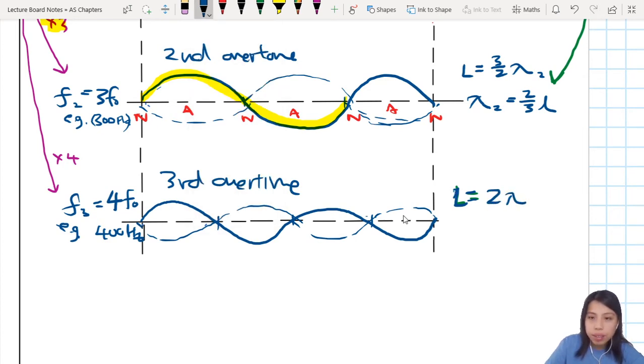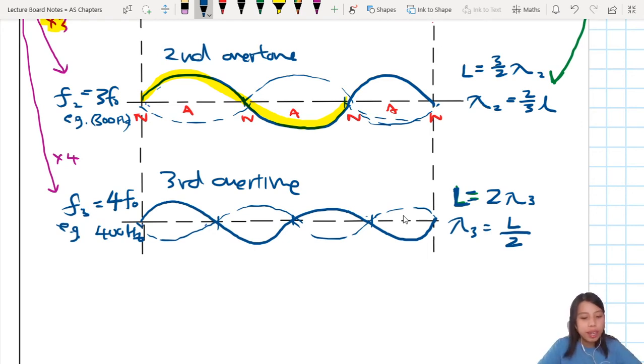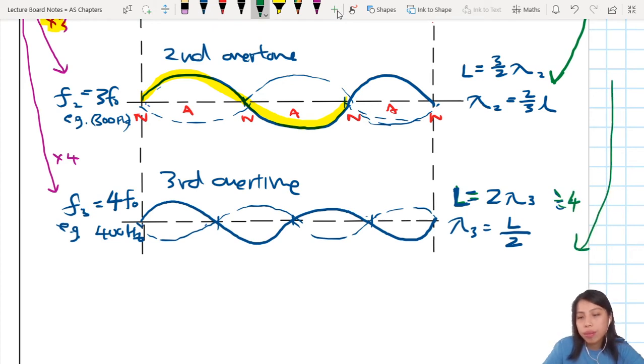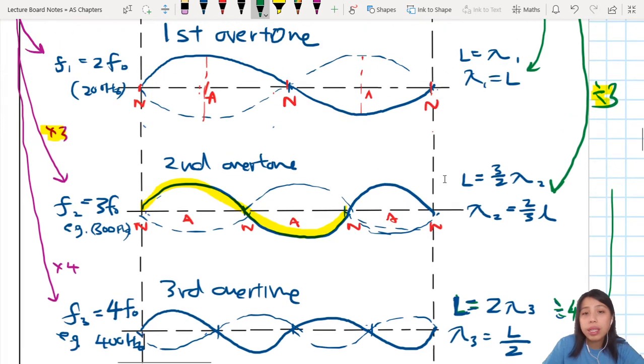So this is your lambda 3 already. So the wavelength lambda 3 will be the length of the string cut into 2 parts, because you can fit 2 wavelengths nicely inside there. And of course, this one is divided by 4 from the fundamental wavelength. Here, I shall draw a bit like that.